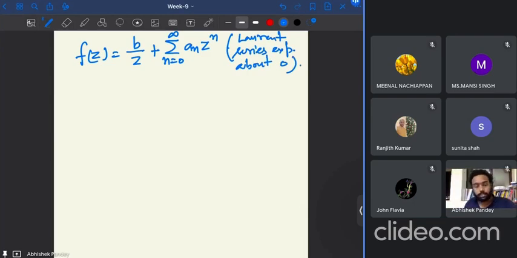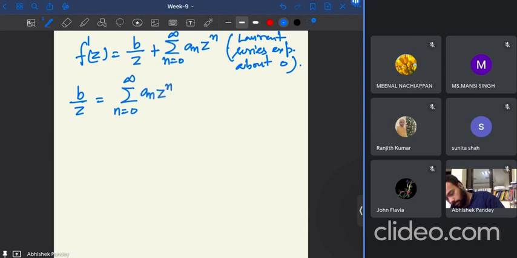This would be f dash z. Now we can write b by z equals summation n equals 0 to infinity a_n z to the power n minus f dash z.